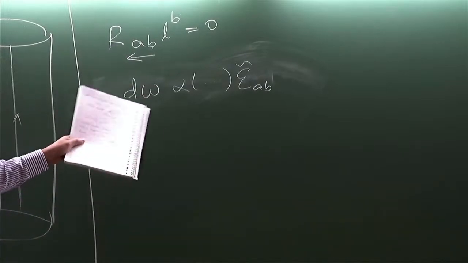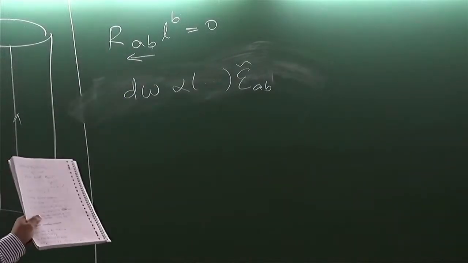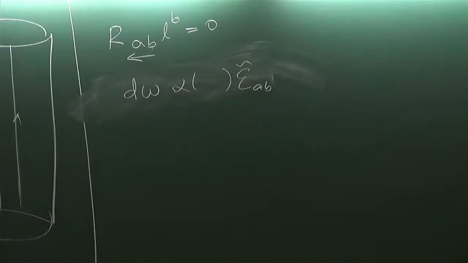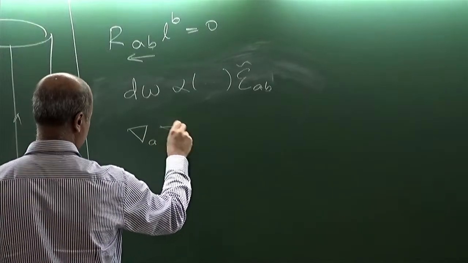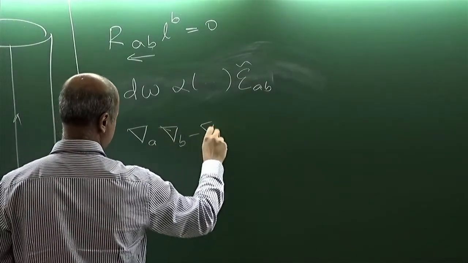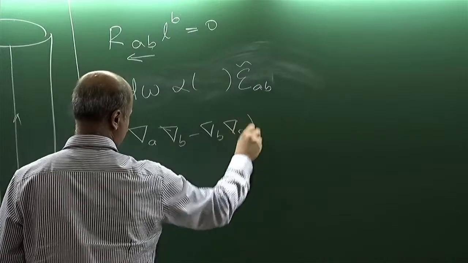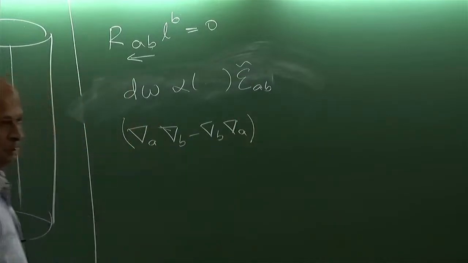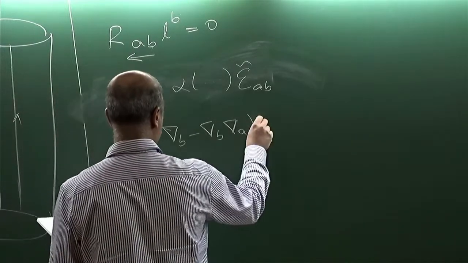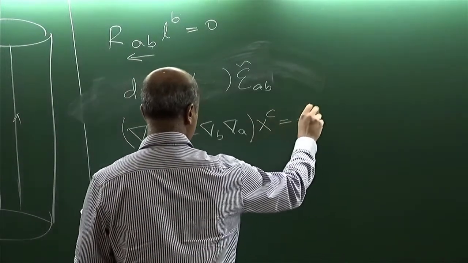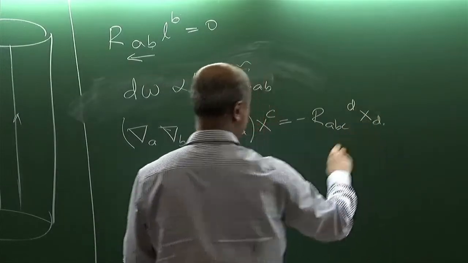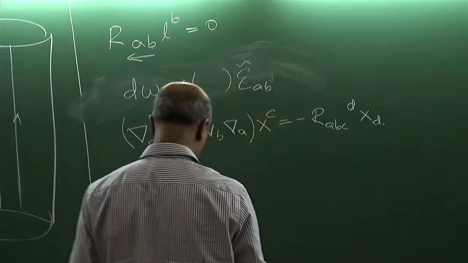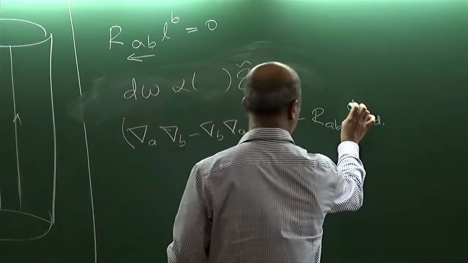I won't prove this completely, let me just indicate how the proof goes. We start off with the definition of the Riemann tensor. This is the commutator of the covariant derivative acting on any X^C, which will be minus R_ABC. There are different ways to write this, so let me write this.